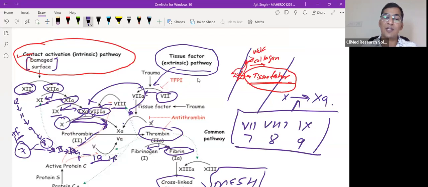Okay, first a is nothing but fibrin, and fibrin makes the clot strong.